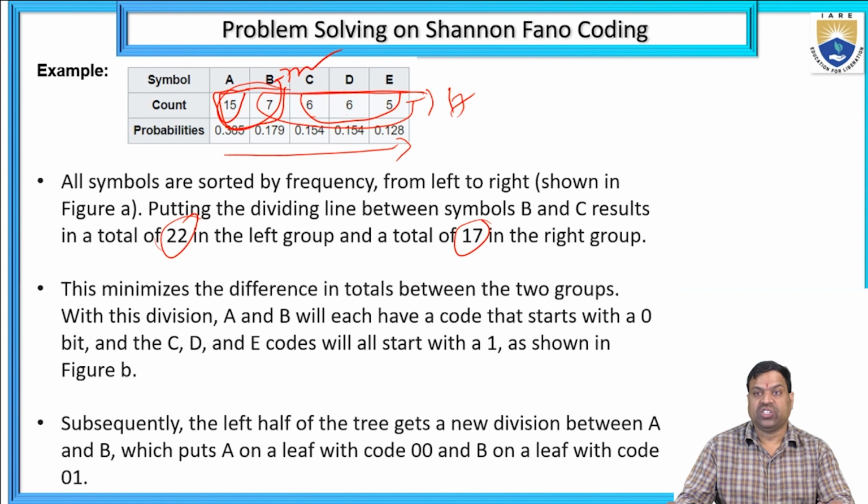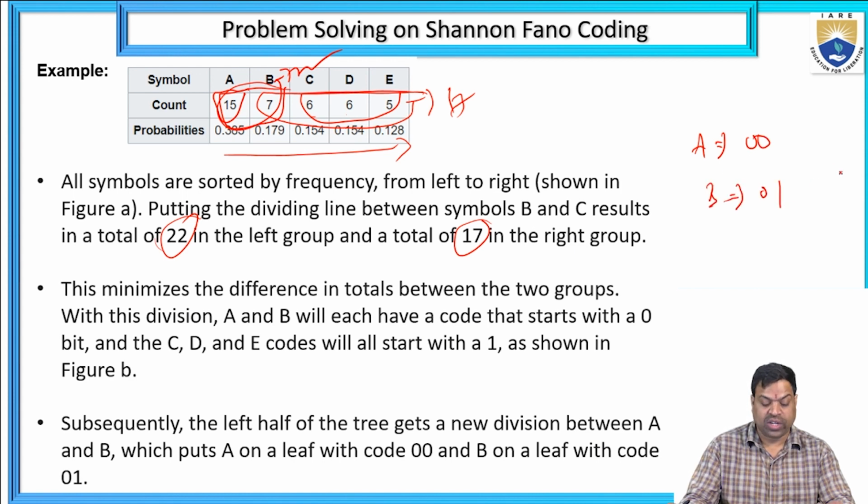A and B will each have a code that starts with a 0 bit, and the C, D, E codes will start with 1, as shown in figure B. Subsequently, the left half of the tree gets a new division between A and B, putting A on the leaf code 00 and B on the leaf code 01. In the top, there are 5 symbols, sorted from left to right, with the dividing line between the symbols B and C.